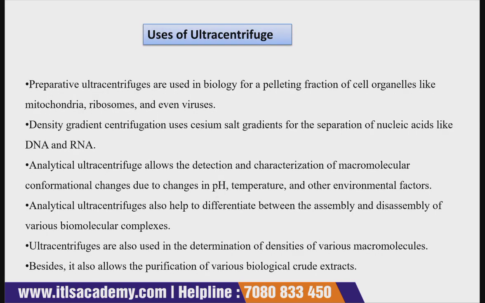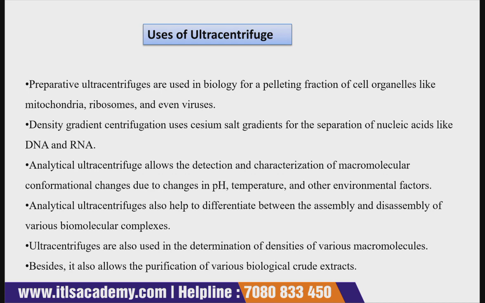So what are the uses of ultracentrifuge? In the first or second slide, we have just talked about the uses of ultracentrifugation. Preparative ultracentrifugation is used in biology for pelleting fractions of cell organelles like mitochondria, ribosomes, and even viruses.